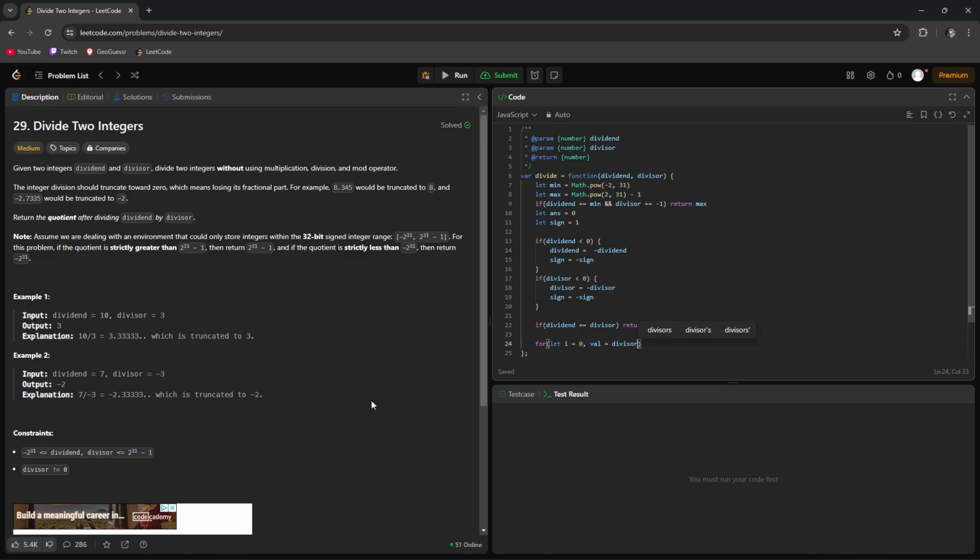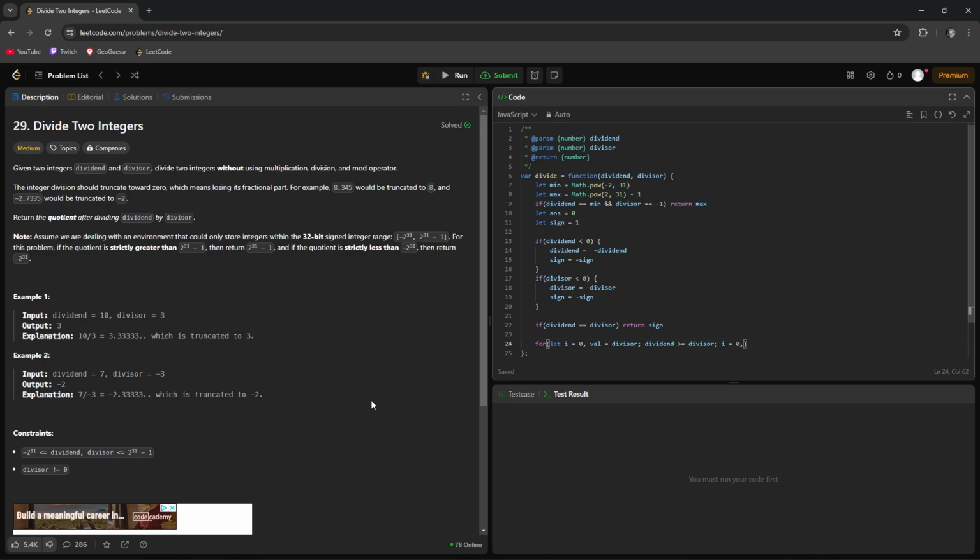That's not going to be efficient. So we'll have a val that will increase the division rate, the subtraction rate. Our condition is while the dividend is greater than the divisor, so we haven't fully subtracted yet.